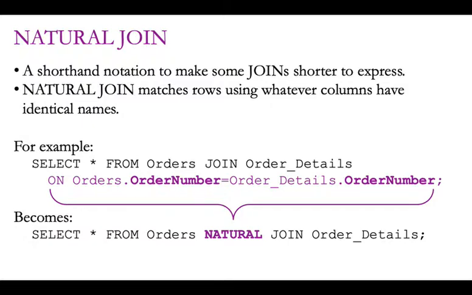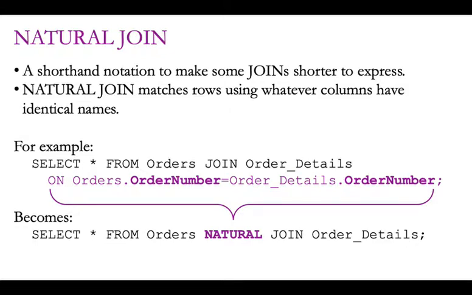We're replacing this whole on condition that says how to match rows with the word natural before join. And like it says here, it just looks for whatever columns have the same names, and then creates an equality rule for those columns, right?